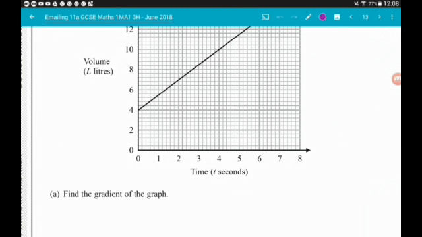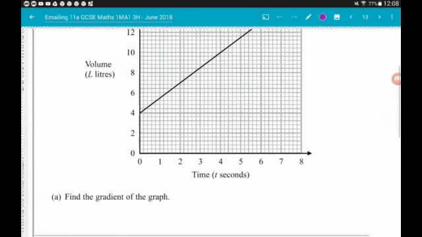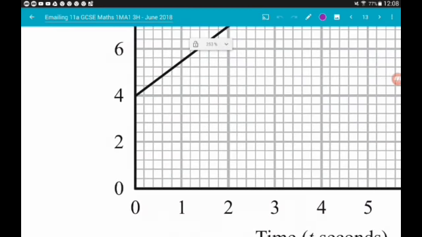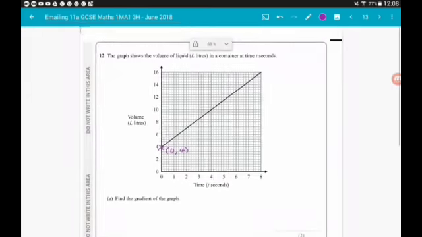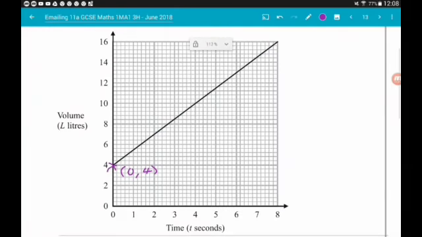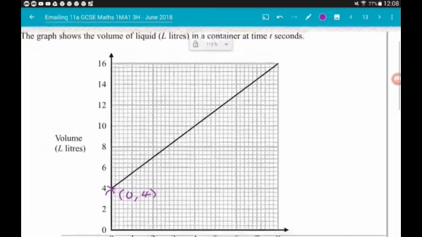So we need to find two nice coordinates and do just that. So we're going to go with this one, which is 0, 4, and I'm going to go with the right guy, which is 8, 16.